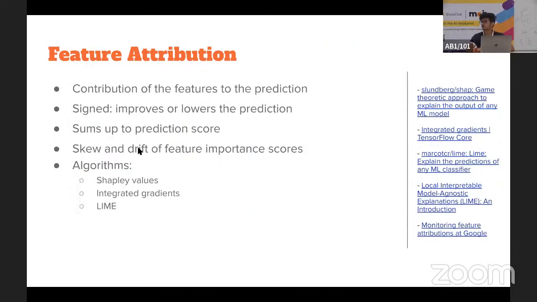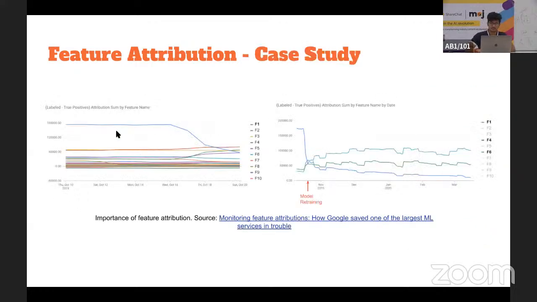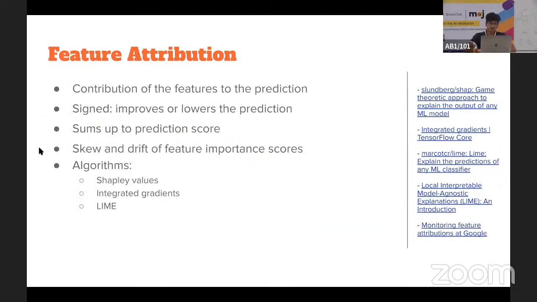How do you check for the importance of each feature? Most of you must have heard of Shapley and LIME within the explainability construct, but here they use them as the contribution of each feature to the model, and based on that they get these scores and see the drift between them. They get the importance of each feature, and see if there is a drift between the current value and the value before.